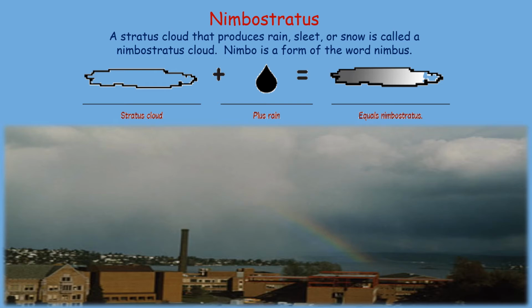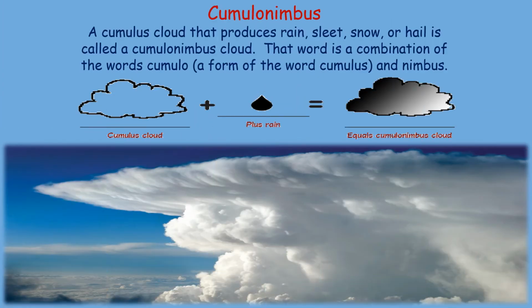So we discussed the different Latin names of clouds that you can put together to form another type of cloud. So we have here nimbostratus. Another one is cumulonimbus. A cumulus cloud that produces rain, sleet, snow, or hail is called a cumulonimbus cloud.